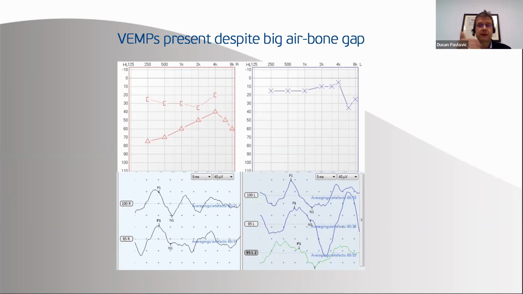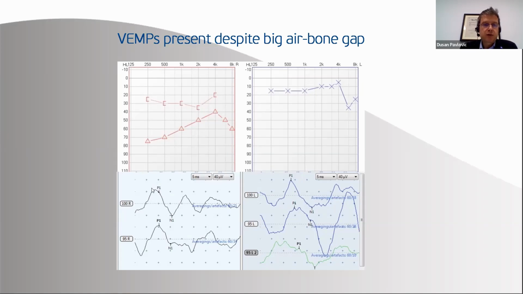diminishes in passing because of a conductive problem in the middle ear, so not enough energy to stimulate stereocilia and no response. But if you get a response, I mean a VEMP amplitude in an ear with conductive hearing loss, that means that the hearing loss is actually cochlear conductive, or as we say, inner ear conductive hearing loss.